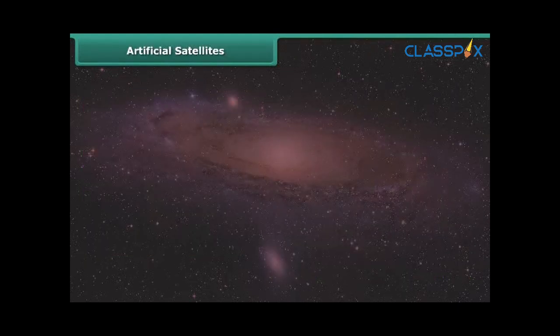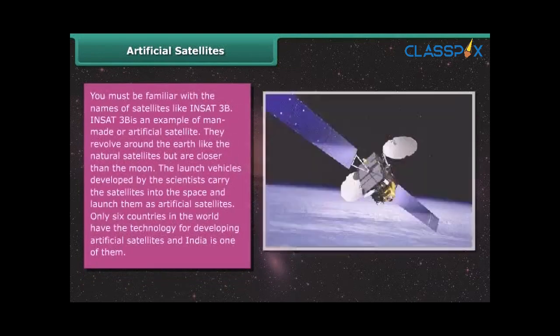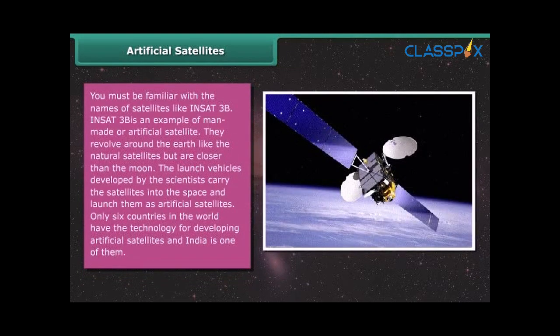Artificial satellites. You must be familiar with the names of satellites like INSAT 3B. INSAT 3B is an example of a man-made or artificial satellite. They revolve around the earth like the natural satellites but are closer than the moon. The launch vehicles developed by the scientists carry the satellites into space and launch them as artificial satellites.